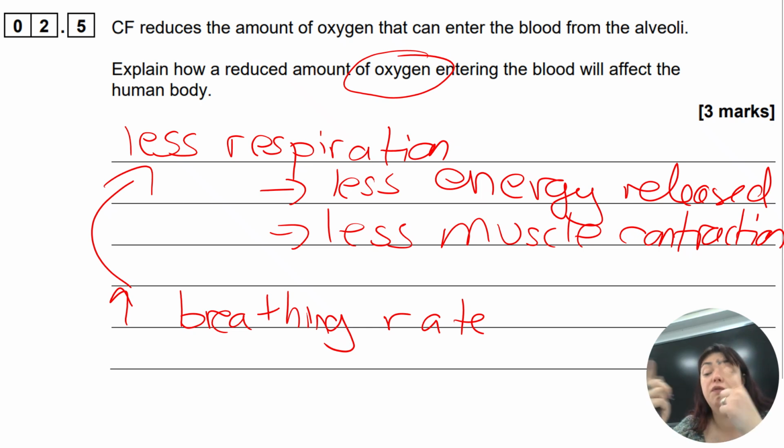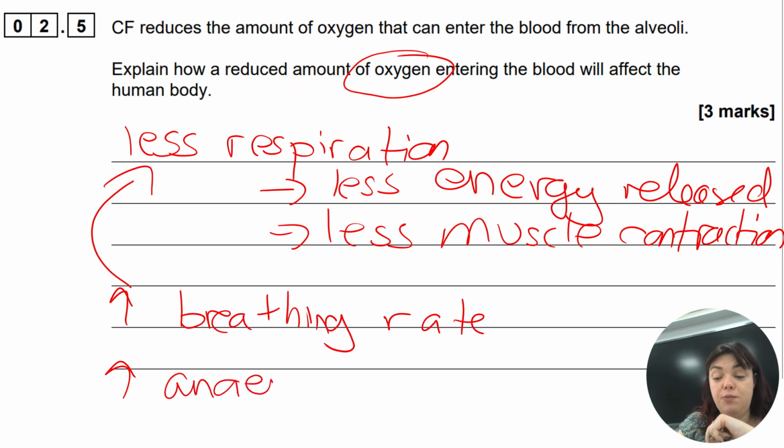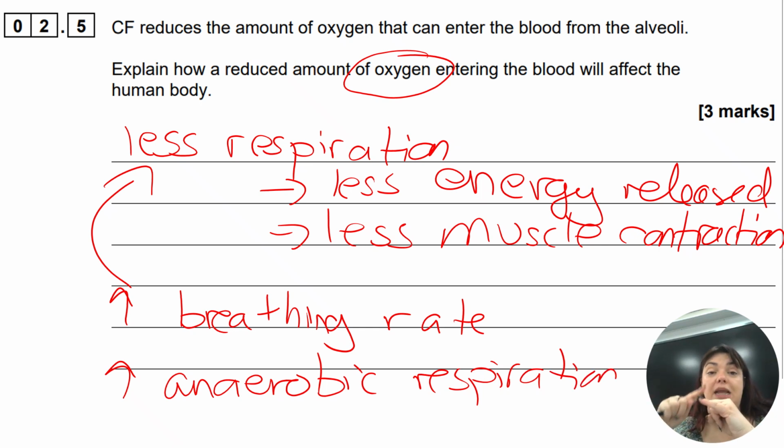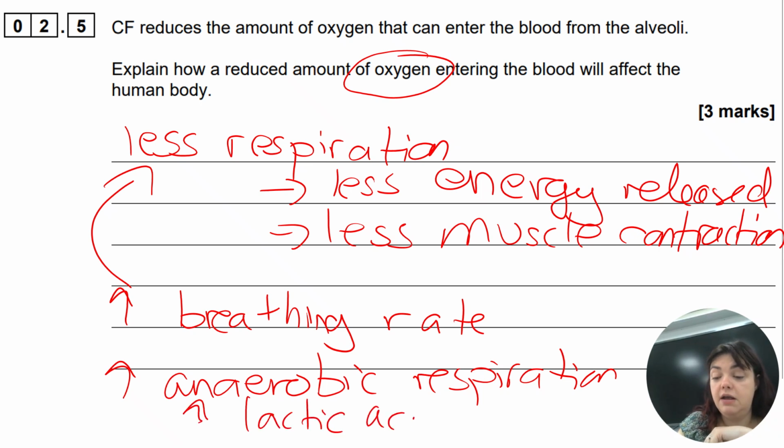Now, conversely, particularly those that do sport, you might think about it this way: you might say, well, actually, there's less aerobic respiration, but there is an increase in anaerobic respiration. All right. Now, an increase in anaerobic respiration would mean more lactic acid produced, so more muscle fatigue. So therefore, we've got increased lactic acid, which is equal to increased fatigue of the muscle.